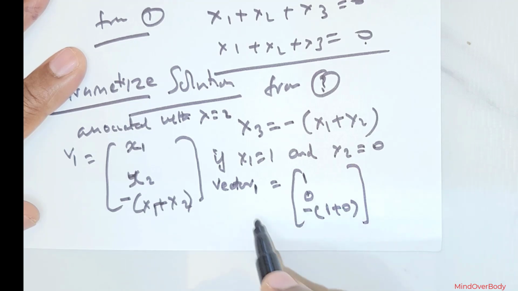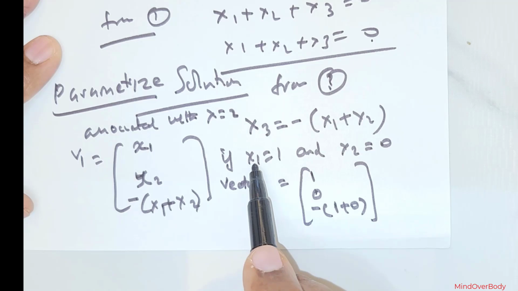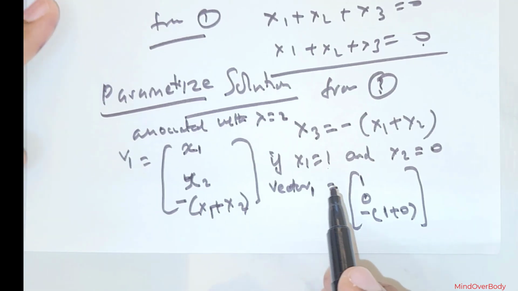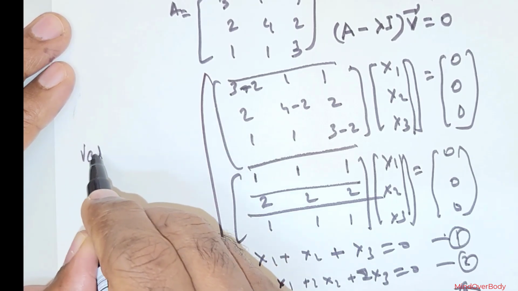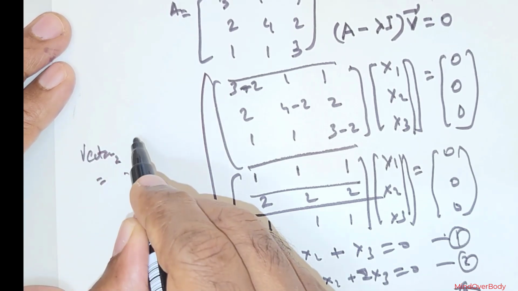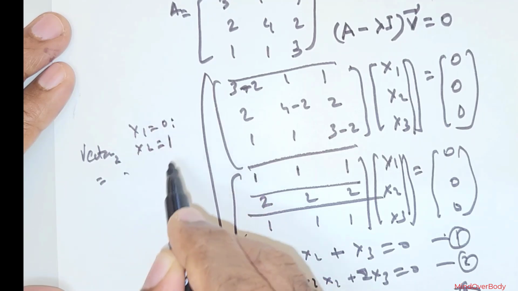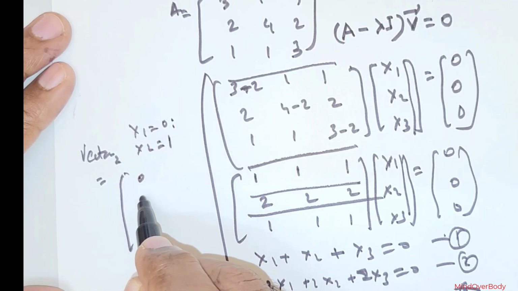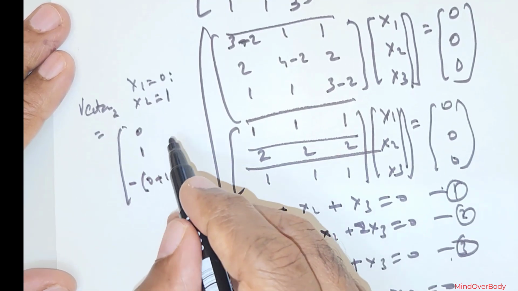So that is going to be the form of this vector. Now there is also another case where x1 is 0 and x2 is 1. So let me write that case also. Vector 2 is going to be x1 is 0 and x2 is 1, so it's going to be 0, 1 and negative of 0 plus 1.